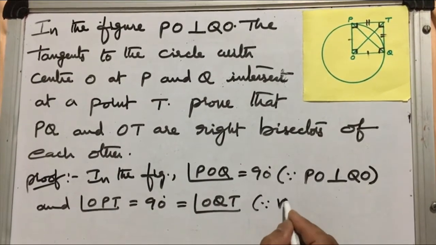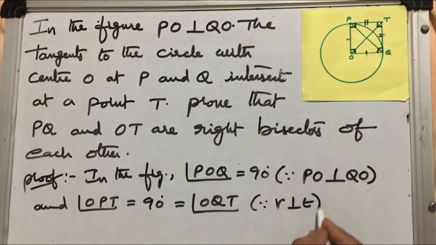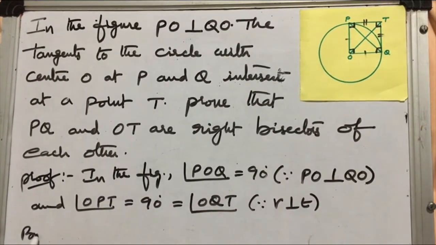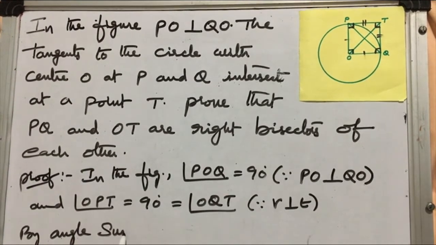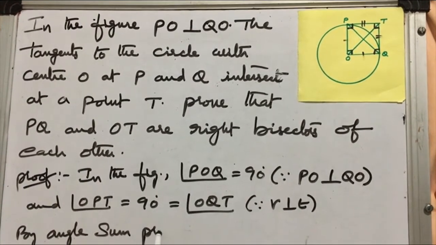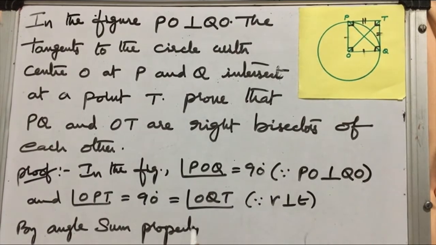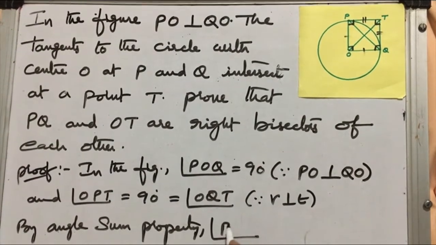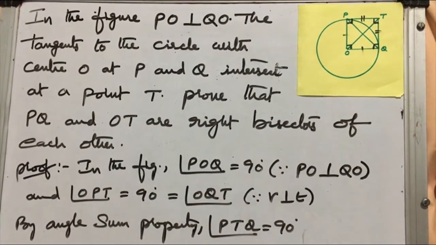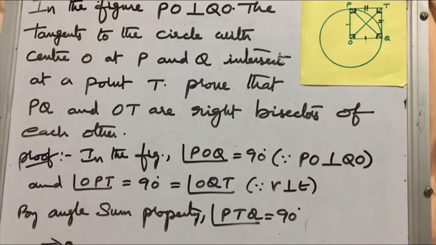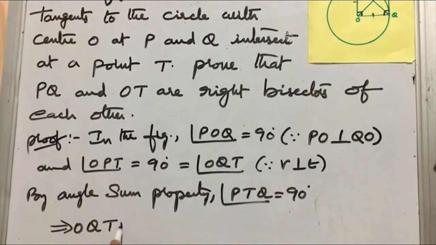The reason is radius perpendicular to tangent. So by angle sum property, you can say that angle PTQ is also 90 degrees. This implies OQTP is a rectangle.